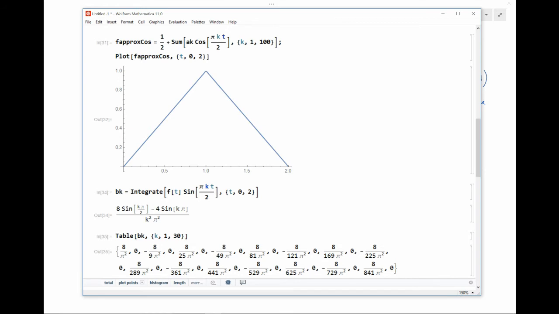This time we see that half of the coefficients is 0, and the coefficients are 8 over 1 times pi squared minus 8 over 3 squared, then we have 5 squared, and we have 7 squared, and the coefficients change sign. Every second of them is negative. We have a positive sign when k is 1 or 5 or 9. So if the distance from 1 is a multiple of 4, then we have a positive sign. If the distance from 1 is not a multiple of 4, then we have a negative sign.